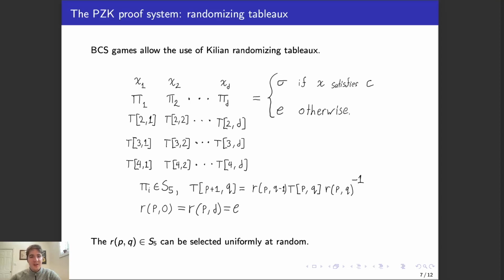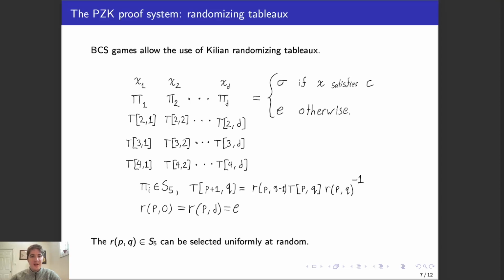The permutation-valued variables are generated in such a way that their product will be equal to σ, some 5-cycle, if the assignment to the original variables satisfies the constraint C, and if the assignment does not satisfy the original constraint, the product of these permutation-valued variables will be equal to the identity.